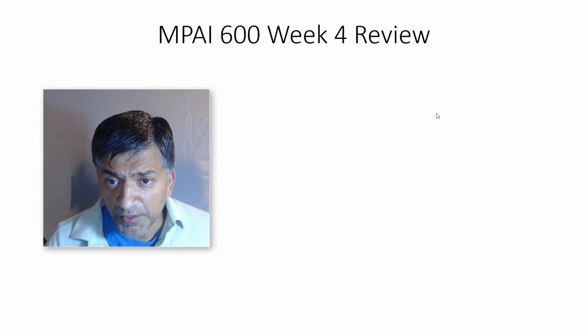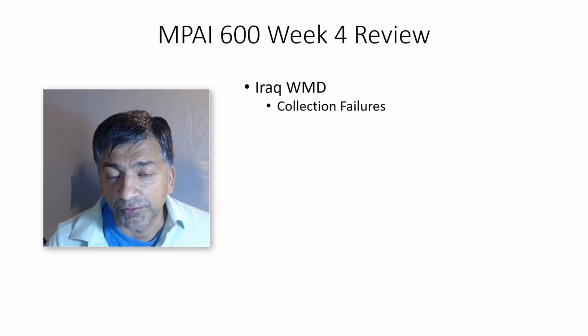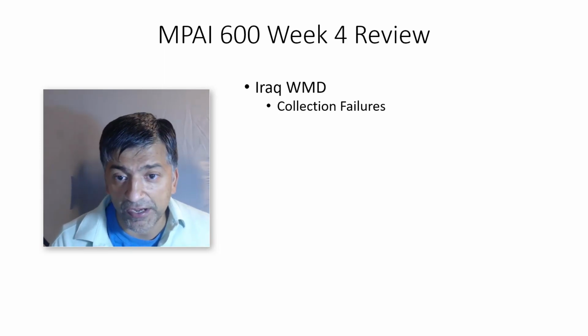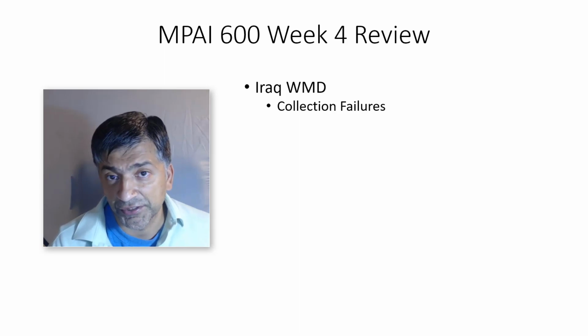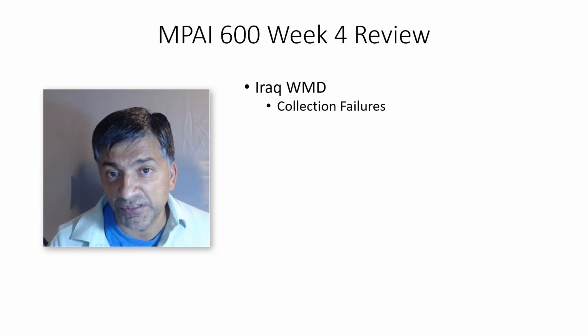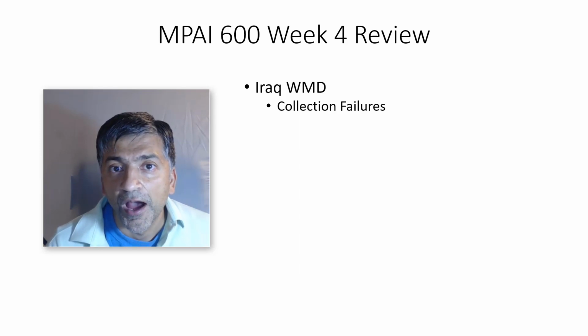So just reviewing week 4, again, the 2 case studies, Iraq WMD and 9/11. So collection failures. And again, I'm talking about failures up and down the chain. I think there's clear collection failures, everything from being overly dependent on the UN inspectors for Iraq collection, and when they get kicked out, we lost a lot of our intelligence capability.